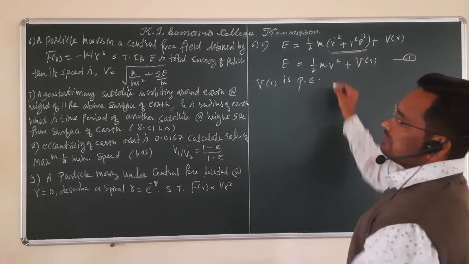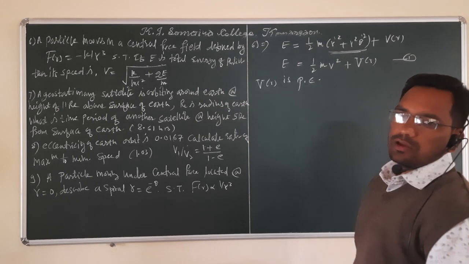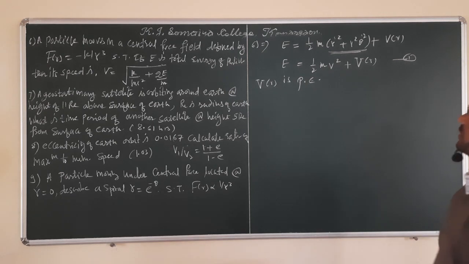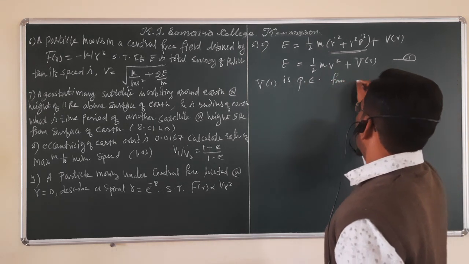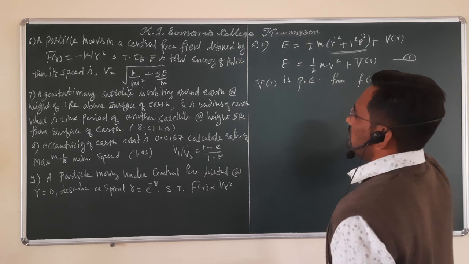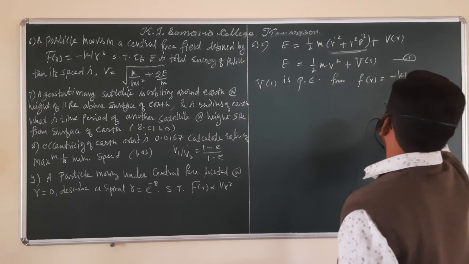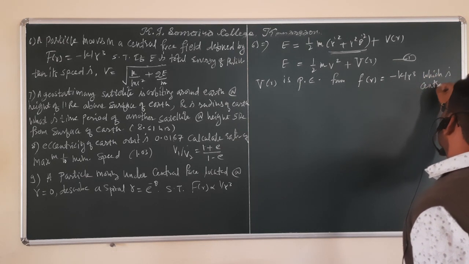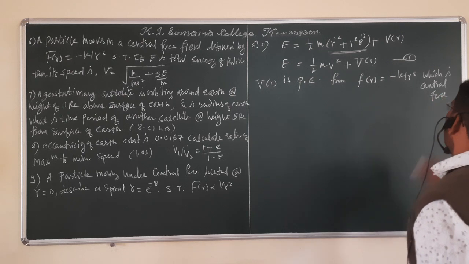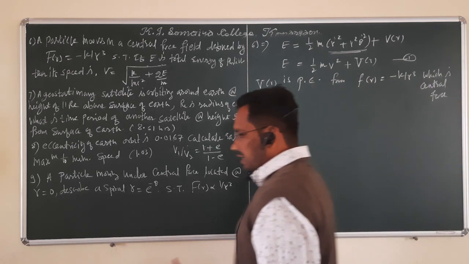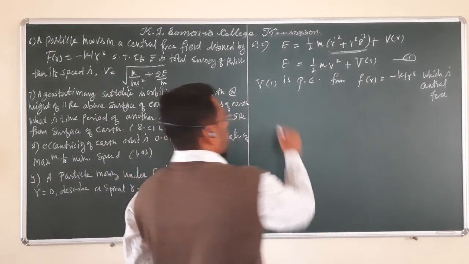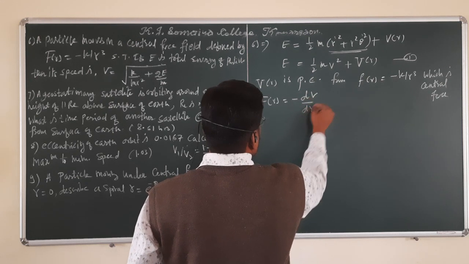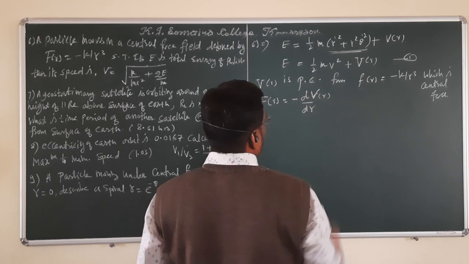Now, it is given that the force is minus k upon r cube, and that force is a central force, and a central force is a conservative force. So from the definition of central force, f of r is equal to minus dV upon dr. So force is the negative gradient of potential.